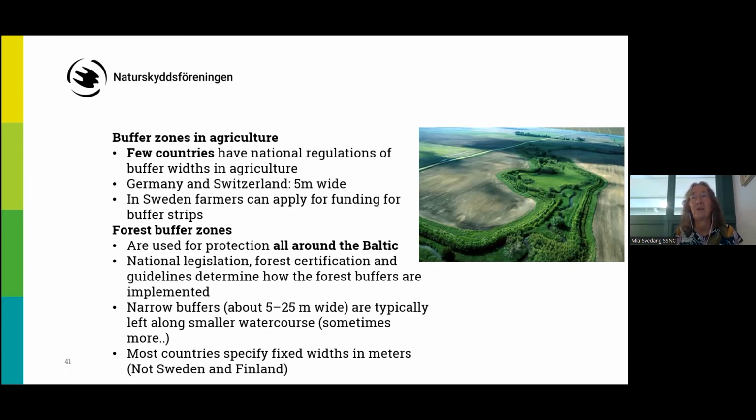because it's considered to be good for the ecological environment. If you look at forest buffer zones instead, they are used for protection in most of the Baltic countries, some kind of buffer zones in forests. There are different types of national legislation and forest certifications and guidelines that determine how the forest buffers are implemented.